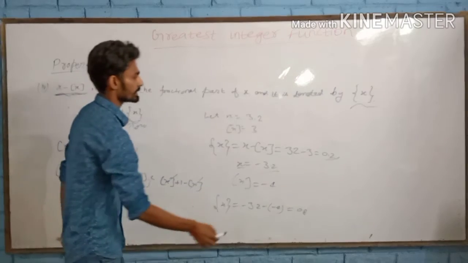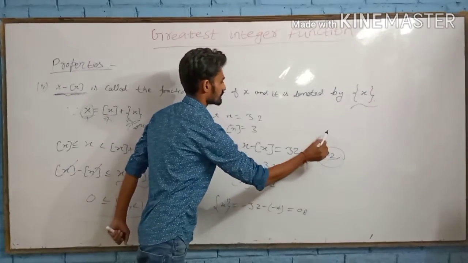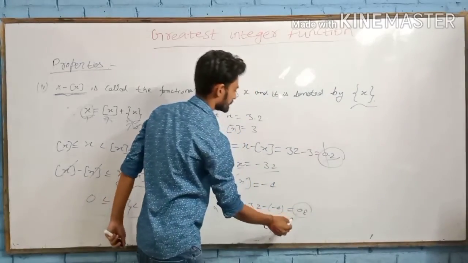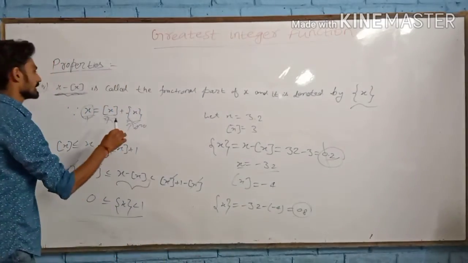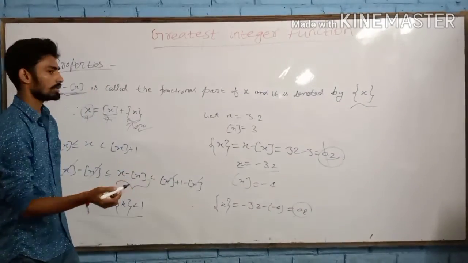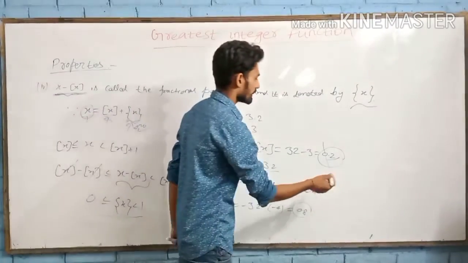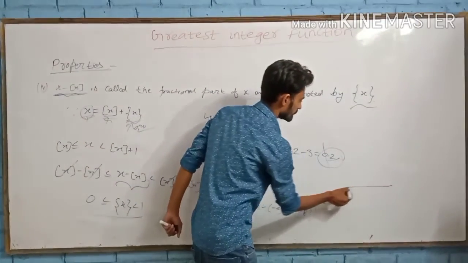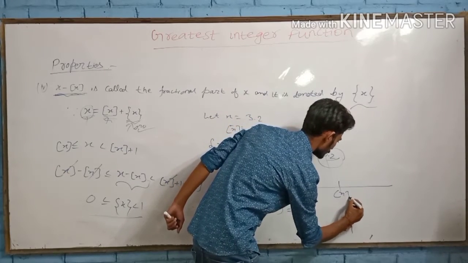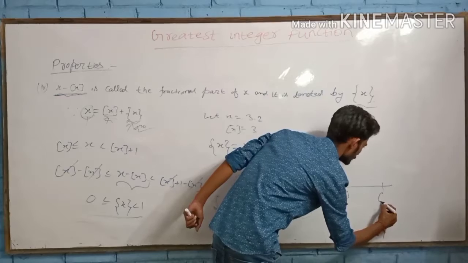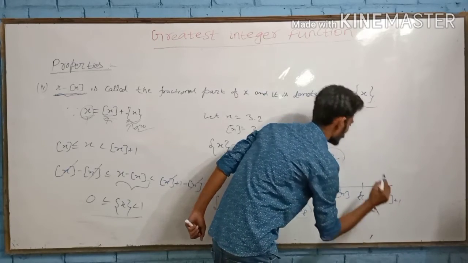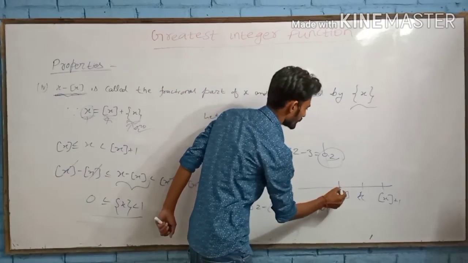As we can see here, when we take the example of a positive number, it comes between 0 and 1. When we take a negative example, it also comes between 0 and 1. And when we take an integer, it's 0. Now we can see it on the number line. This is the value of ⌊x⌋, this is ⌊x⌋ plus 1, and here is the value of x.